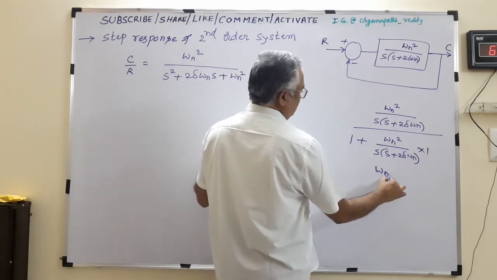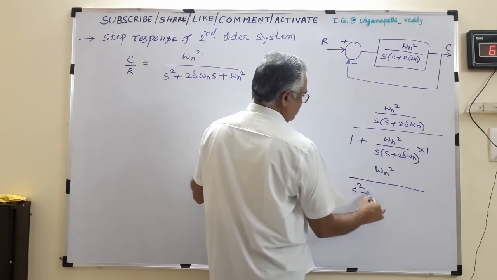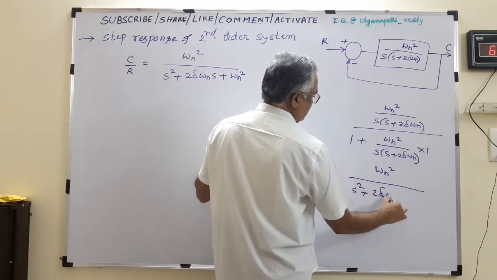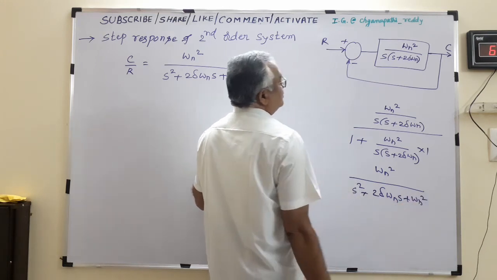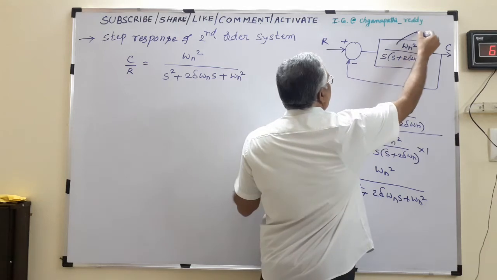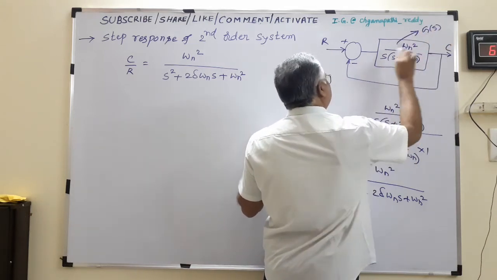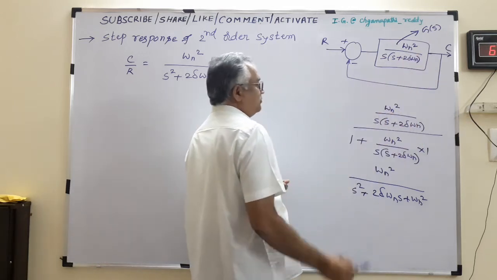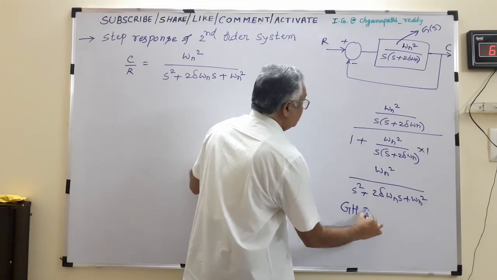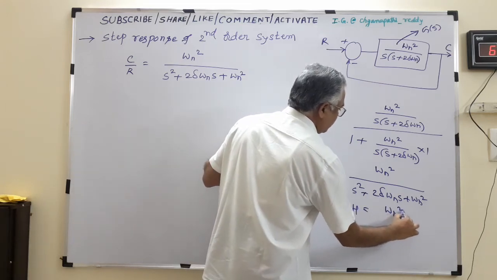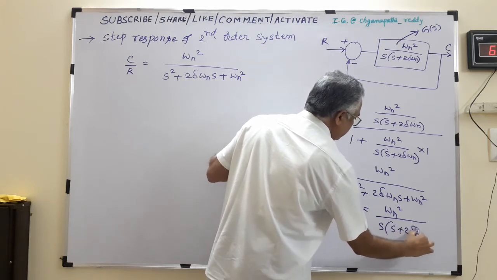So this is nothing but omega n square by, this cancels, s square plus 2 delta omega n s plus omega n square. So what is GH? This is G of s, and H of s is also the same. So GH looks like omega n square by s into s plus 2 delta omega n.